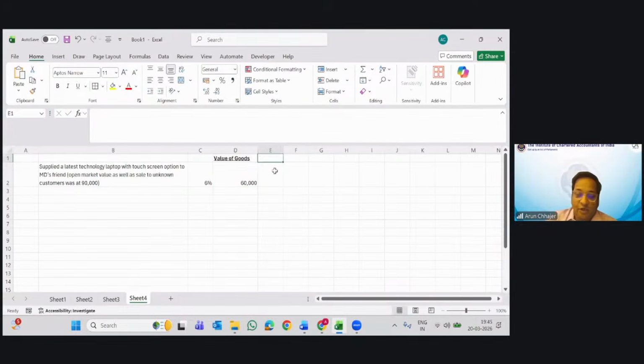Clear? Hai? How much will be the CGST? How much will be the SGST? I can simply say, please confirm. Anyone have any doubt on this particular part? Please confirm. Everyone is clear? एक बार confirm कर दो.